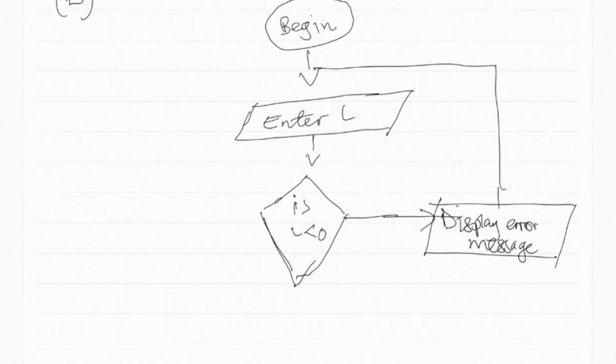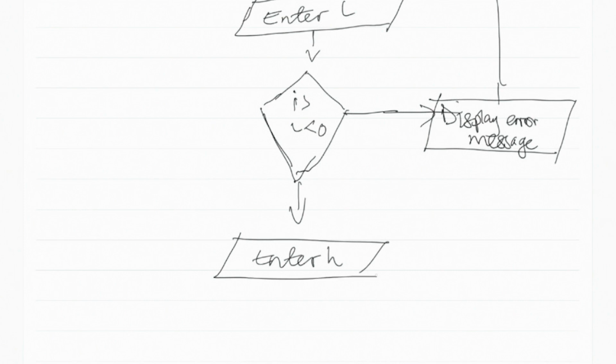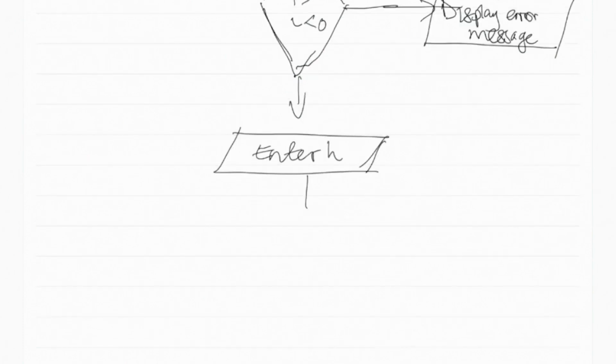Okay, right. Then we move on. What are they saying? If the decision now is made, you enter H. Enter H. And then you are going to have this situation. Enter H. And you still continue going because we're supposed to make a decision again. After entering H, if H is less than 0, make a decision.